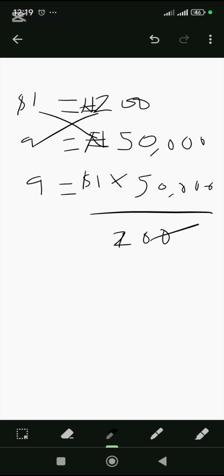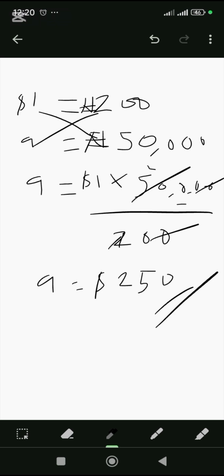Okay, so this 2 can cancel out this 2, and this can go into this 25 times, so that you can have A equals, the dollar sign comes back here, 225, this 0 is still remaining here, so this is $250.